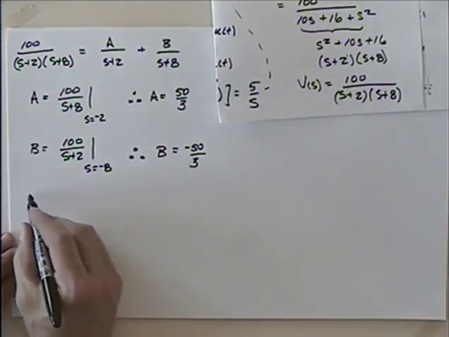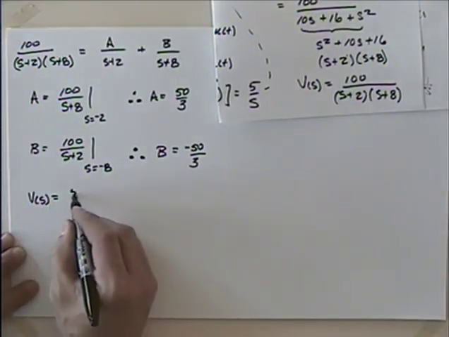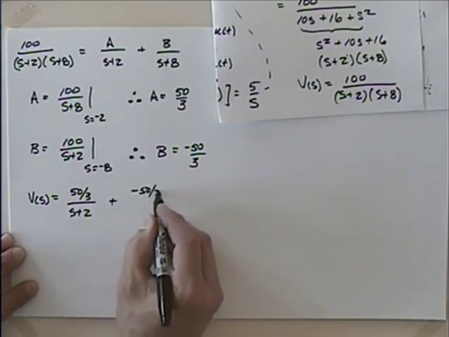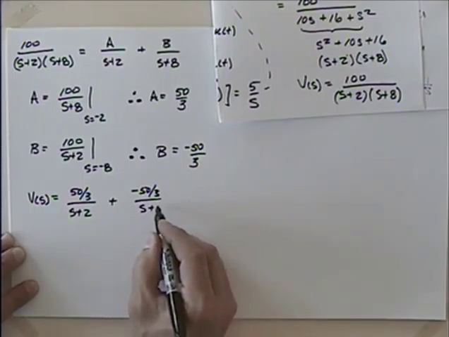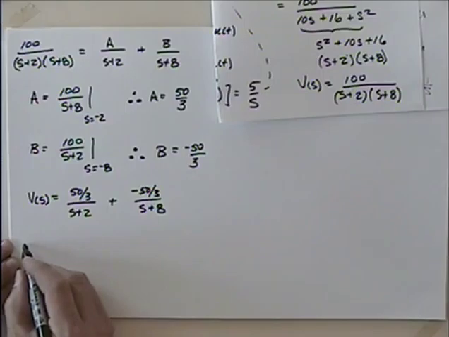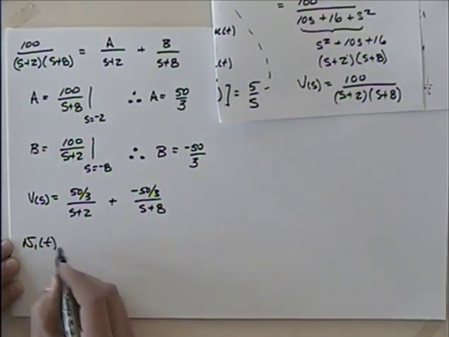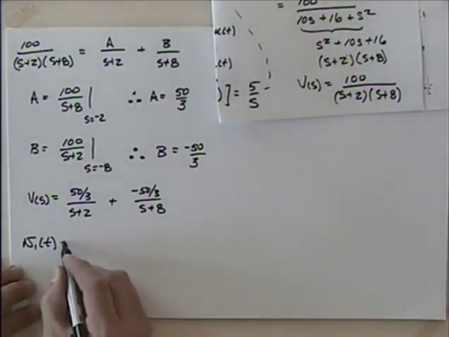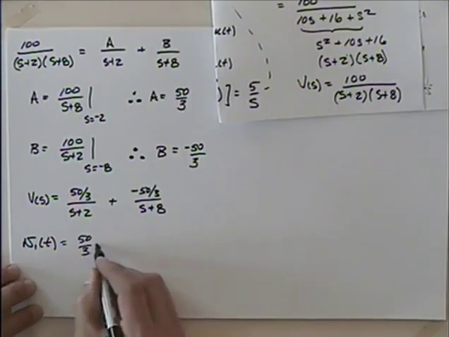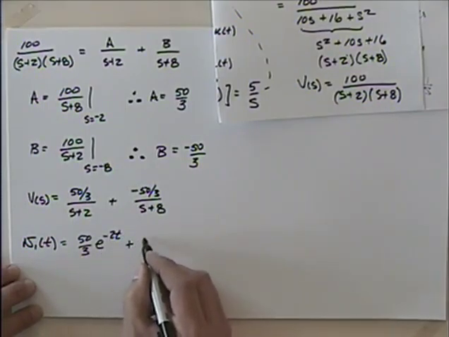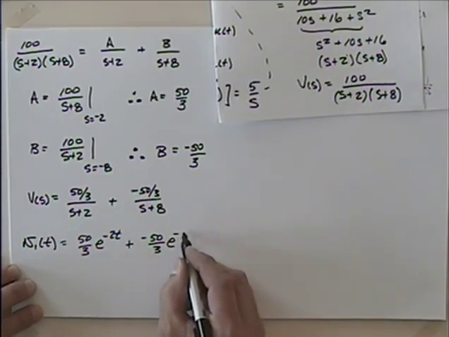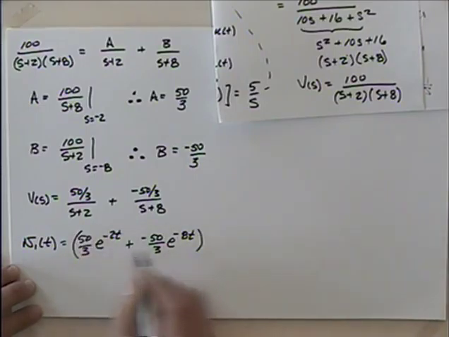So to complete this process, we have 50 over 3 divided by S plus 2 plus a minus 50 over 3 divided by S plus 8. So I could put it back into the time domain, V1 in the time domain, and this is just for the first part of this, is going to be equal to 50 over 3 e to the minus 2t plus a minus 50 over 3 e to the minus 8t, and that will then be u of t.